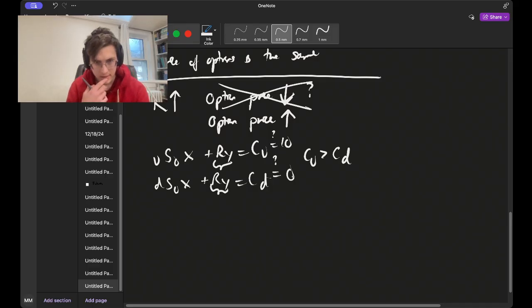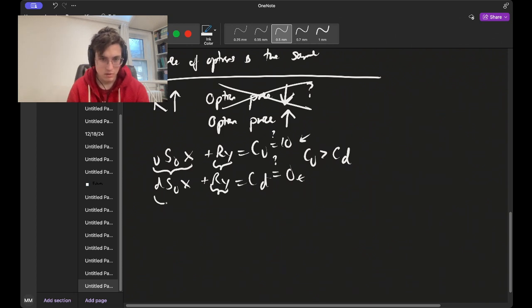So what does this mean? Let's just say you're trying to price an option and you're trying to create the risk neutral portfolio, right? If R is higher, then this term is higher. So in both cases, the good case and the bad case, you're getting more money, right? So what does this mean? This means that this term has to get bigger in proportion, right?